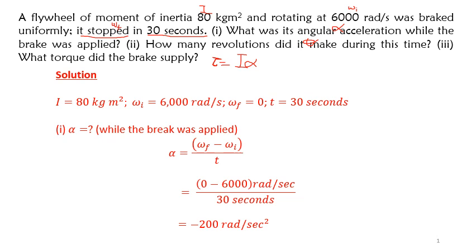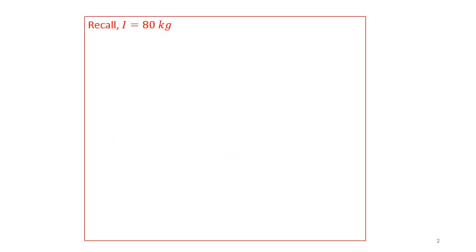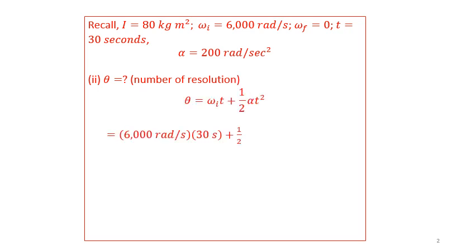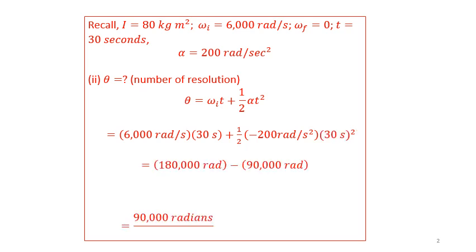Revolutions made. You can get that from the formula here. Theta is omega initial t plus half alpha t squared. Okay, so just put your values there.